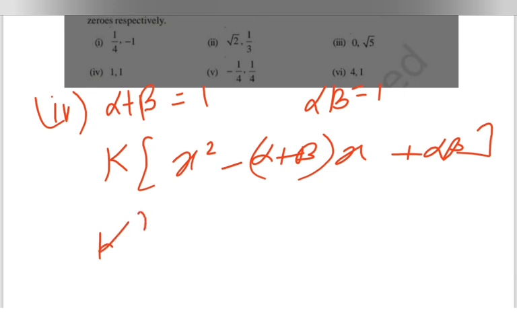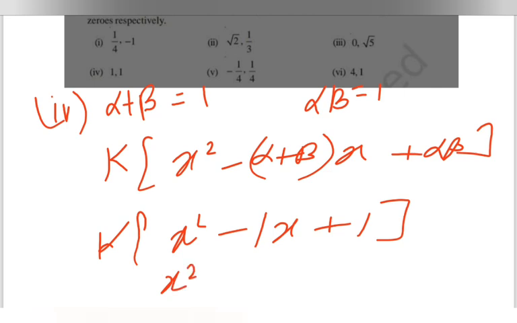So k into x square minus 1x plus 1. Since the coefficient of x is 1, we can either write 1 or leave it as x. So k x square minus x plus 1. So this is the required polynomial for the fourth sum.